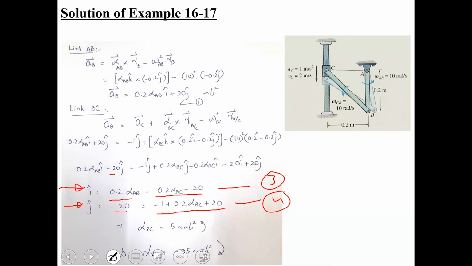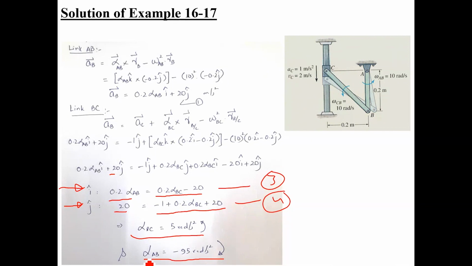So once you solve these two equations, you are going to get alpha BC equal to 5 radians per second square and alpha AB equal to minus 95 radians per second square. What does that negative sign with alpha AB represent? Our assumed direction was incorrect. Yeah, so we assumed initially alpha AB to be in a counterclockwise direction.